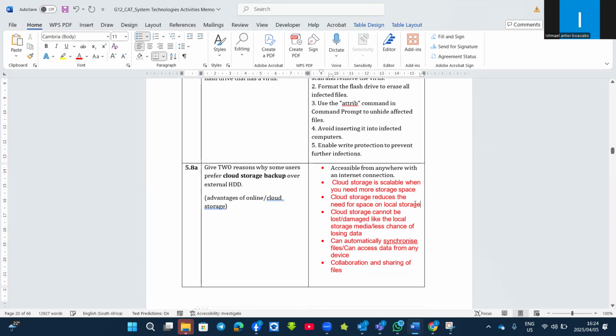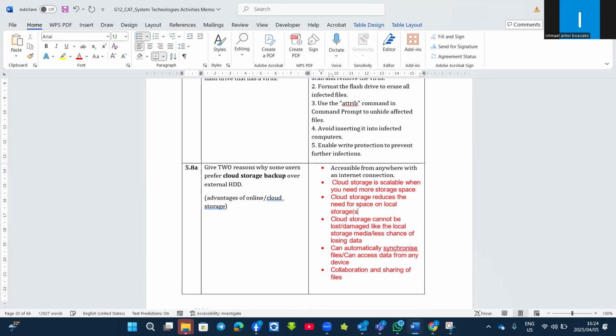In other words, it saves local storage. When you save files on the internet, it saves you space on your local storage. Cloud storage cannot be lost or damaged like local storage media. The way people lose their flash drive, cloud storage will not be lost easily like that. It can automatically synchronize, or you can access the data from any device.